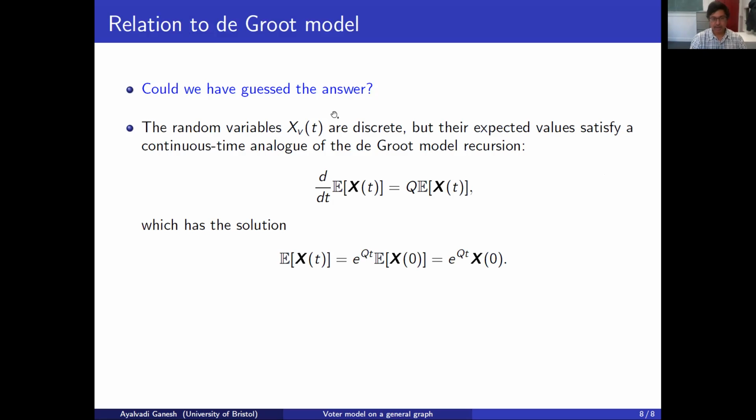And if you look at their expected values, this is a similar calculation to what we did for the martingale. Then the vector of expected values satisfies this recursion. So the time derivative is Q times the expectation. And then you can solve this explicitly. That essentially tells you that these expectations have to converge.